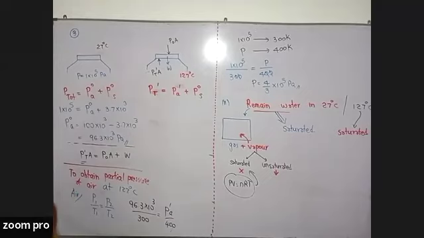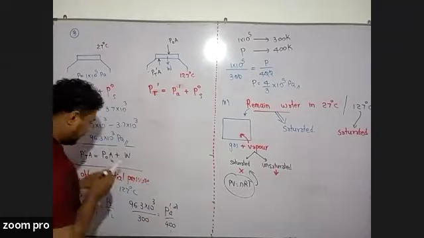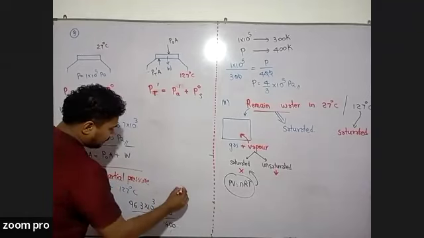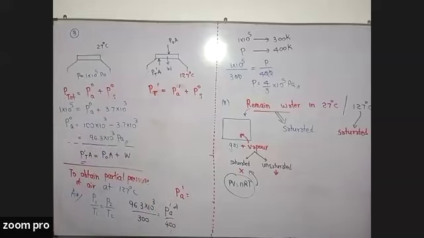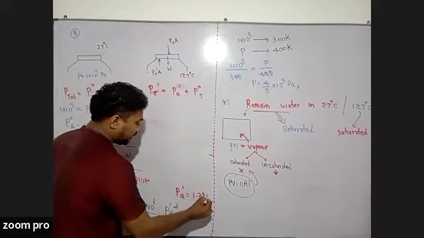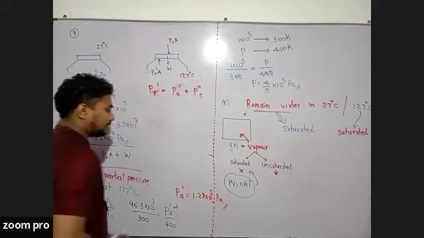By simplifying this equation, we obtain the value of PA' as 1.28 into 10 to the power 5 Pascal.